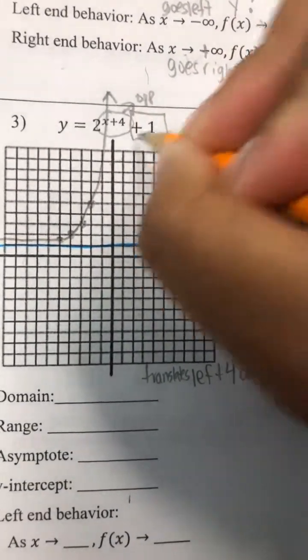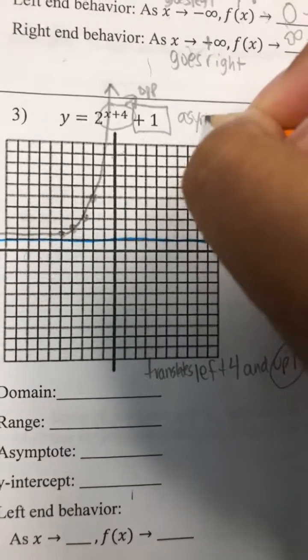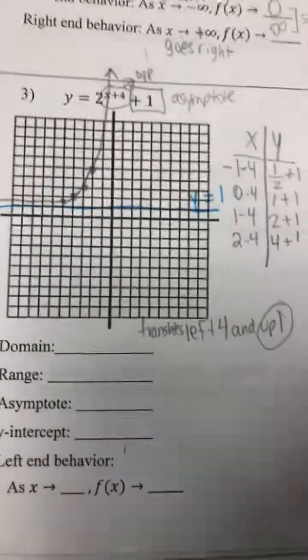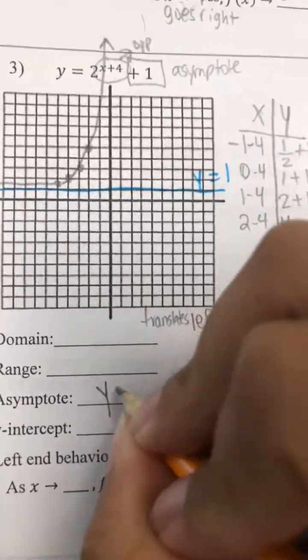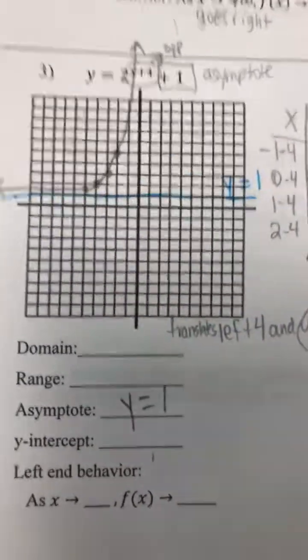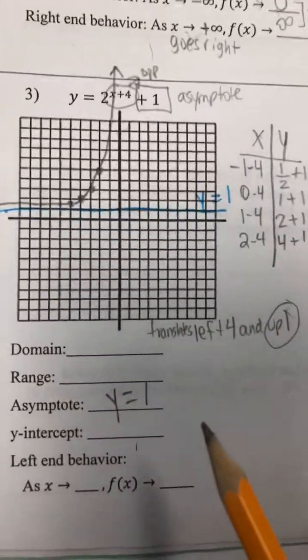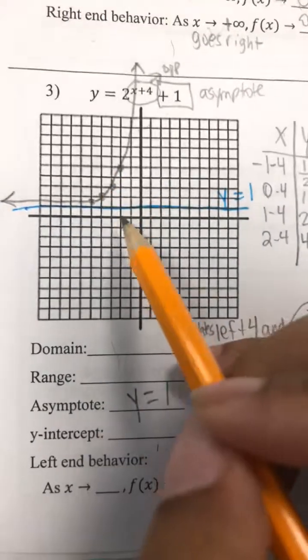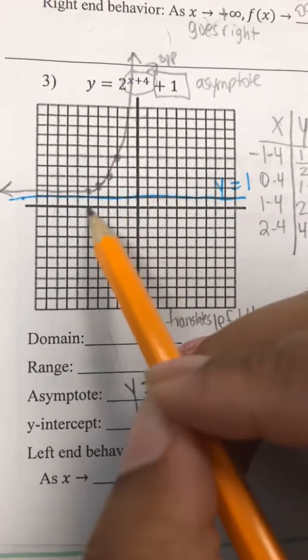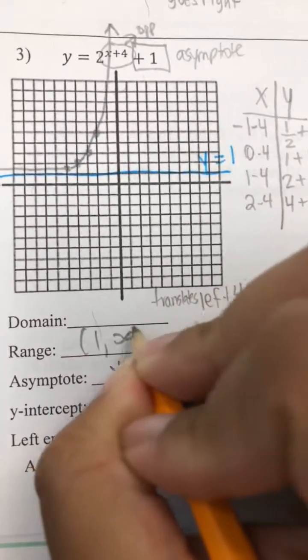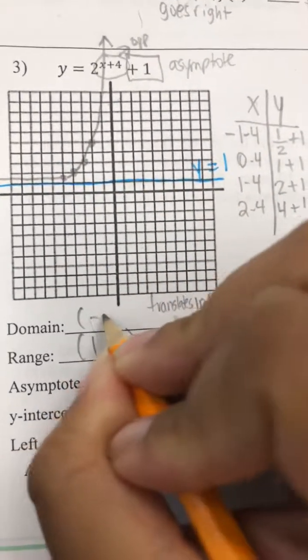And now you're going to learn where the asymptote comes from. It is the translation when you go up or down. So our asymptote is now y equals 1. And you see I used a different colored pen instead of a highlighter this time. So now instead of our range going from 0 to infinity, we don't even touch 0. It now is going to go from 1 to infinity. Domain is still the same.